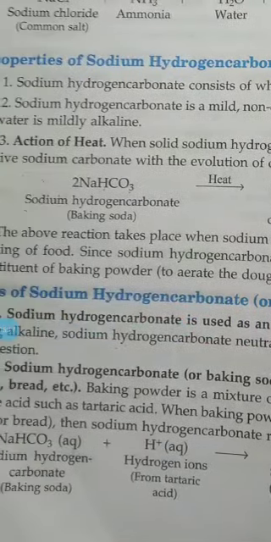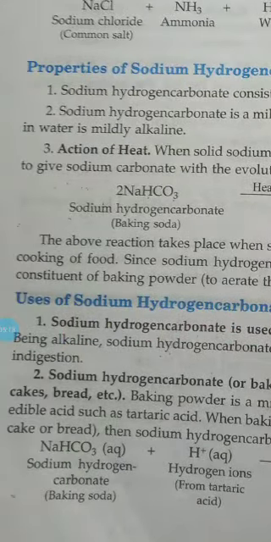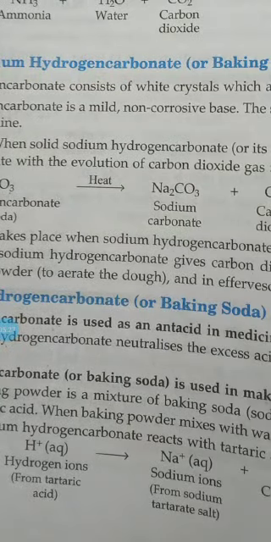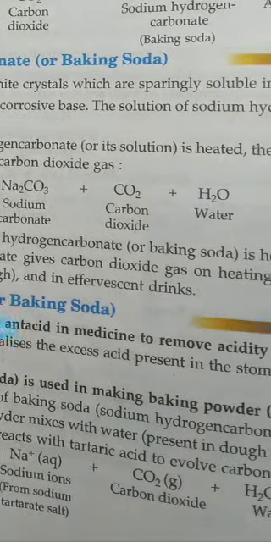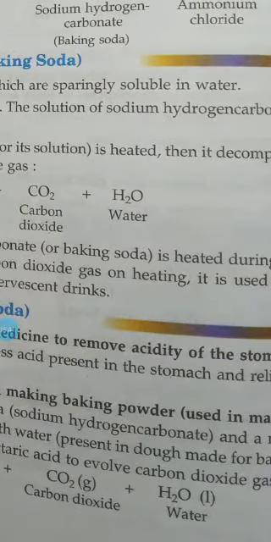The reaction is here: NaHCO3 aqueous, that is aqueous solution, plus H+ ion. Here H+ ion comes from tartaric acid. It represents the edible acid tartaric acid. During this reaction, sodium tartrate, carbon dioxide and water are formed.